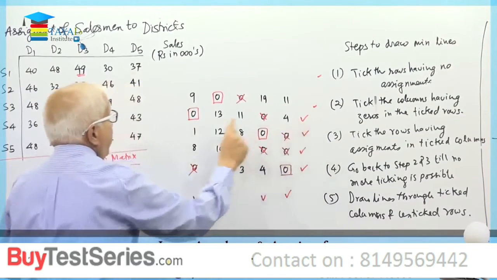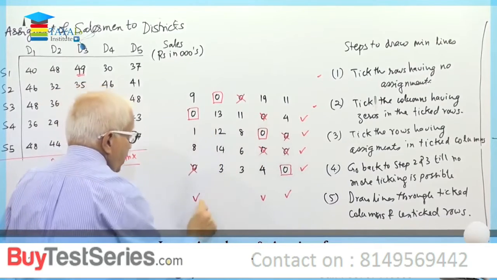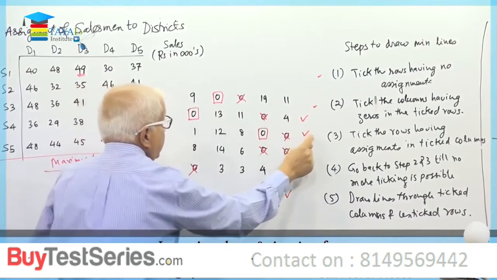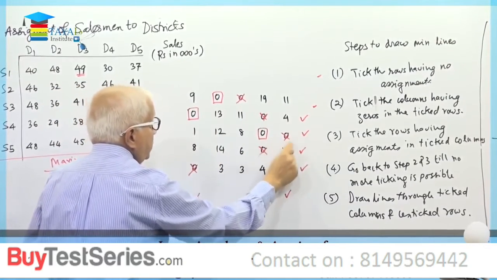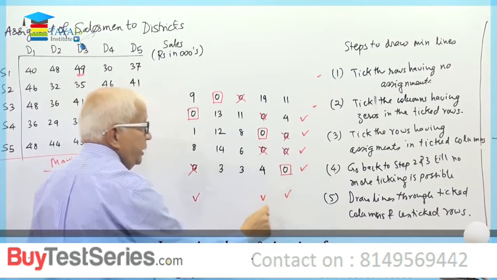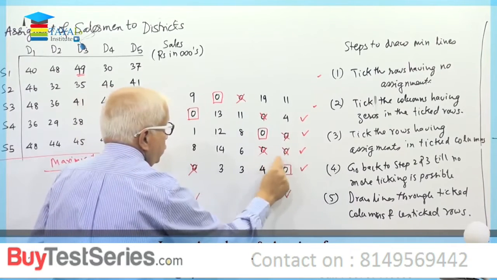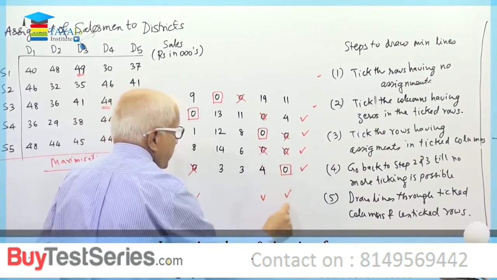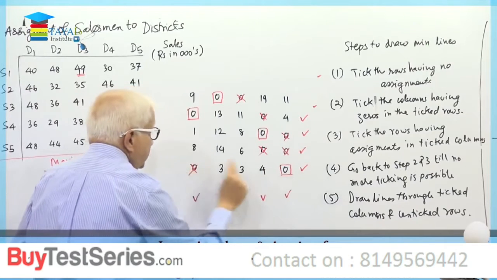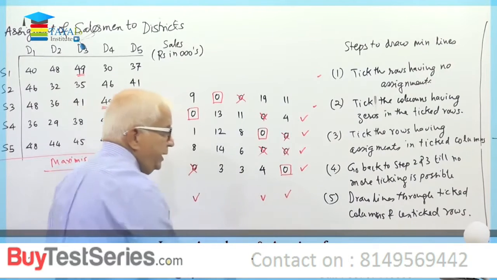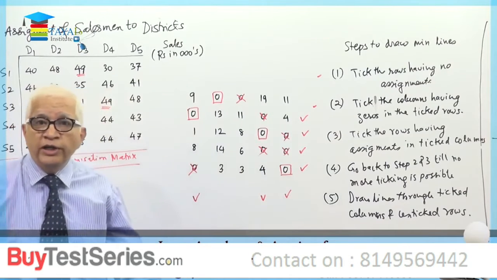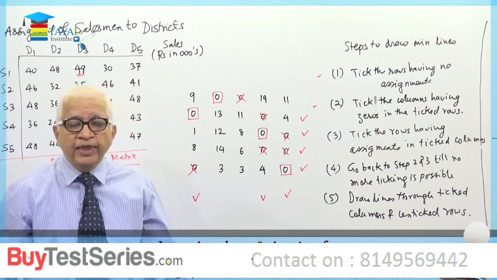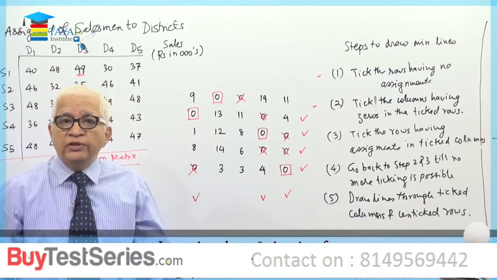In each ticked row, these 2 are zeros, and the columns are already ticked. That means no more ticking is possible. So ticking procedure is over.